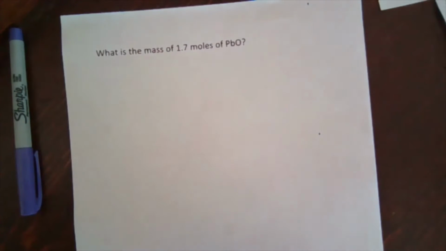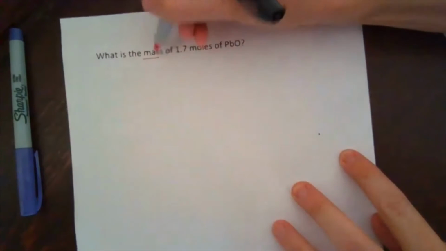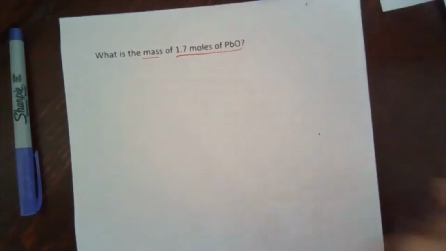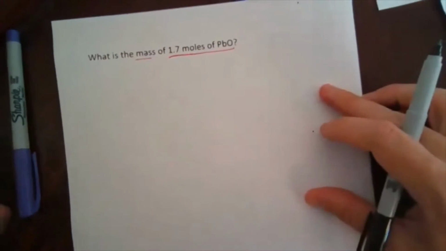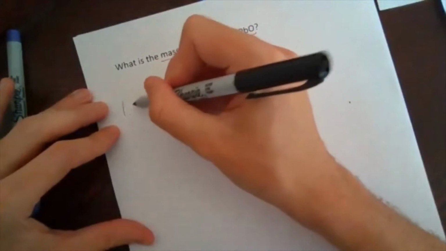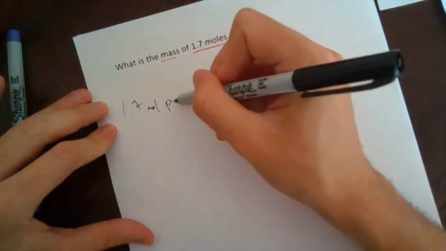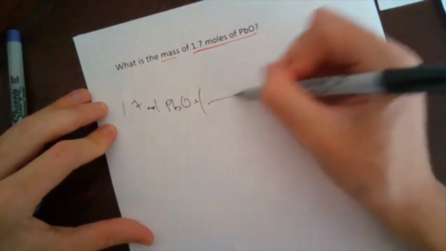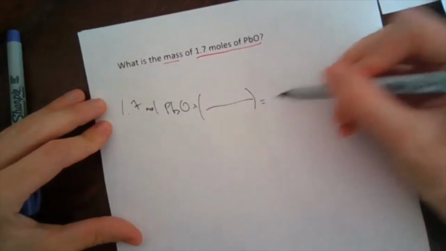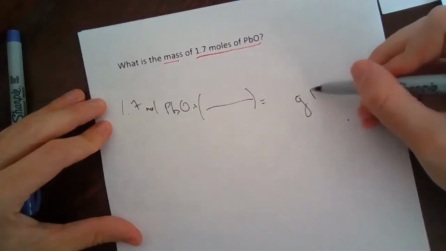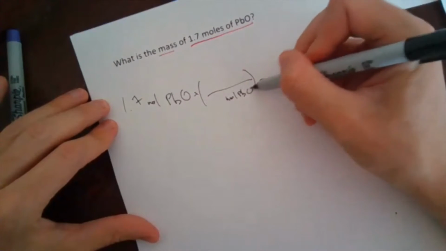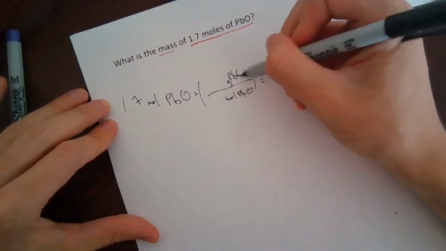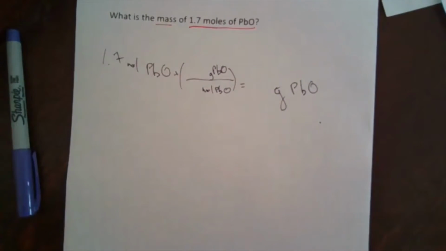All right. What is the mass of 1.7 moles PbO? I've got my moles of PbO, and I want to know the mass of it. So I know I'm wanting to go from moles of PbO to grams of PbO.